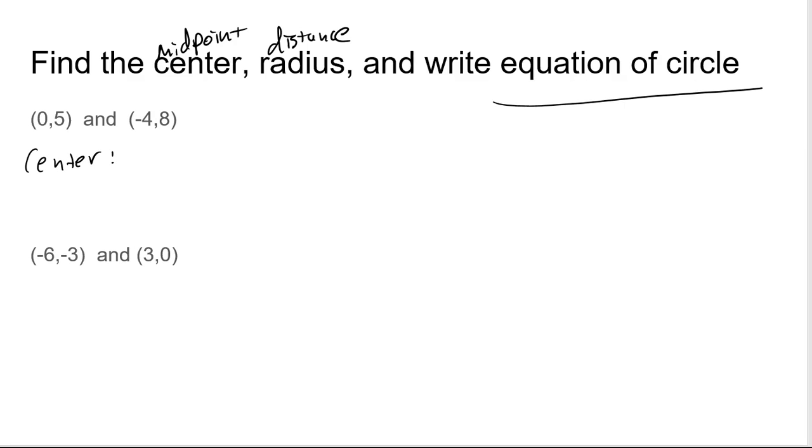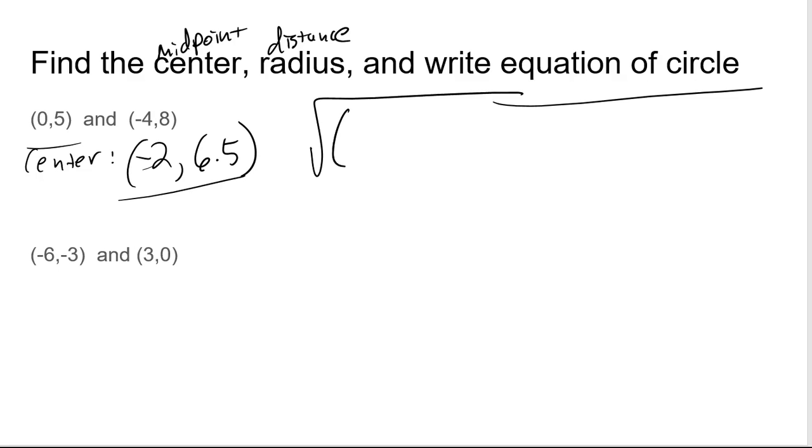So 0 plus -4 is -4, divided by 2, it'll be -2. 5 plus 8 would be 13. 13 divided by 2 is 6.5. Once again, we get to pick, so I'm going to use this one and this one.